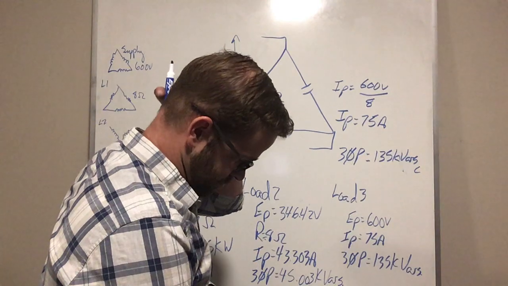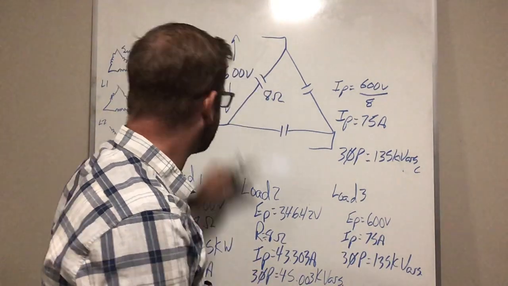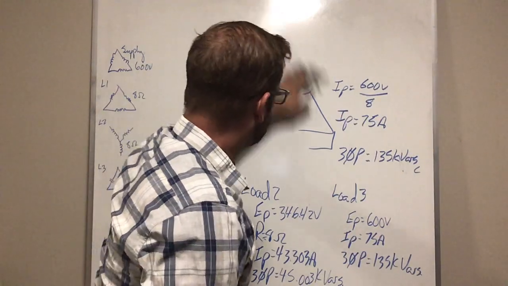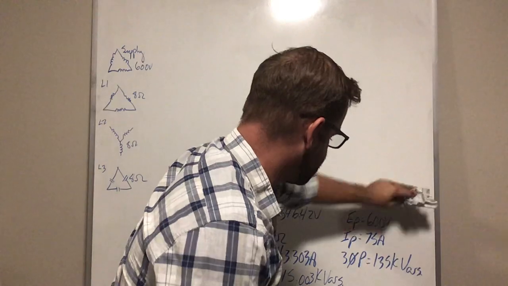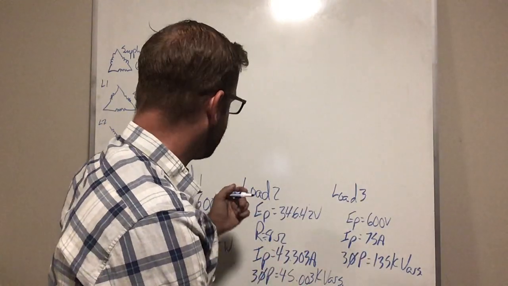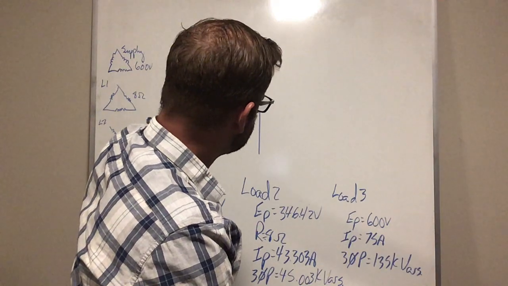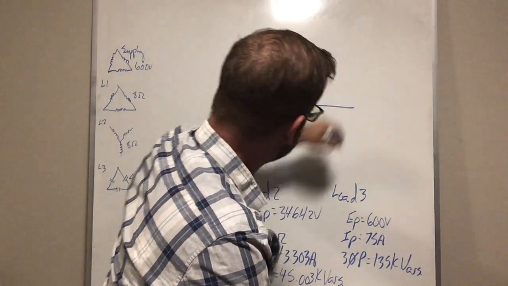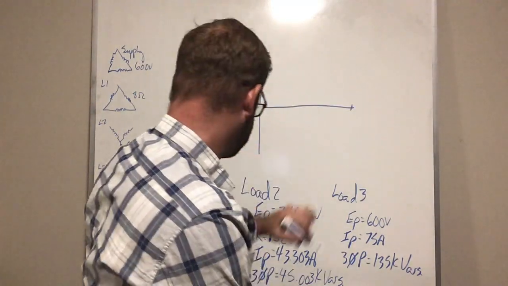So once we go over to our total values, how is that going to look for our power triangle? Our power triangle is going to look like this, just a straight line.